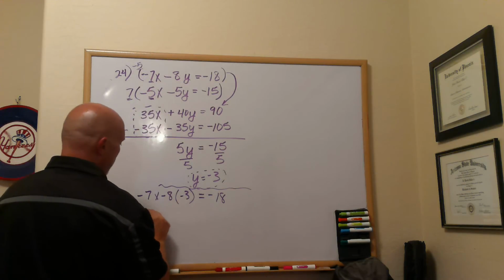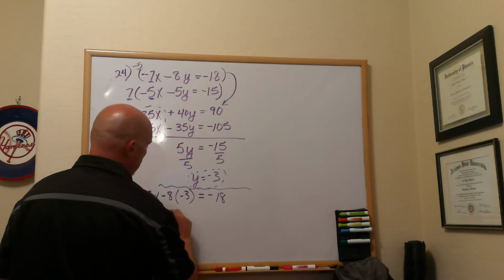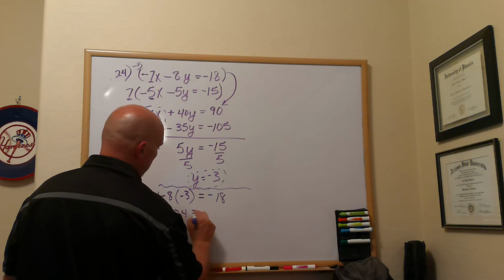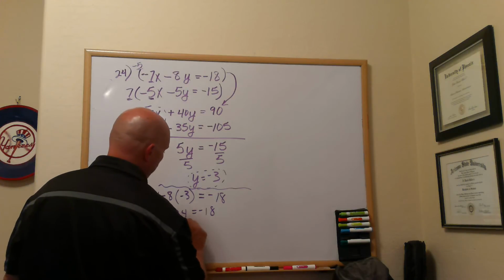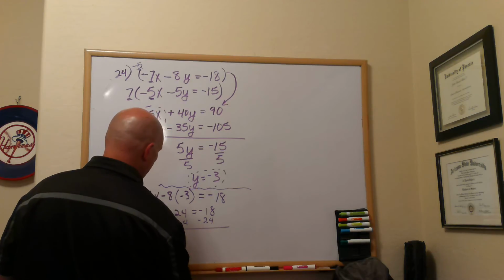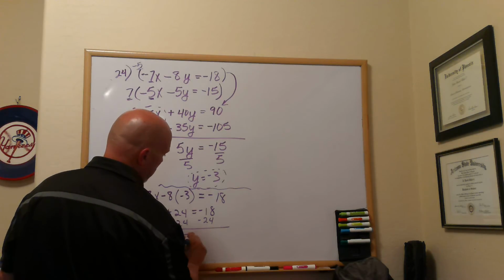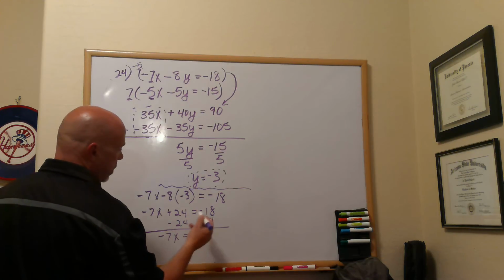So I have a negative 7x, negative 8 times a negative 3 is a positive 24 equals a negative 18. I'm going to subtract 24 from both sides. Negative 7x is going to equal, those are both negative, so my number is actually going to get more negative.